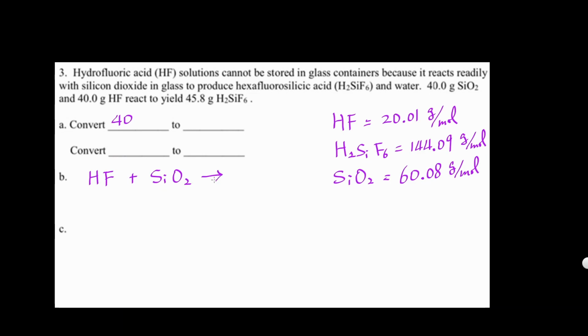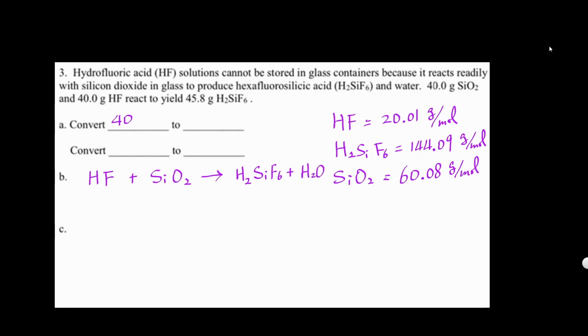It produces H2SiF6 plus water. I'm going to make some space to write the coefficients, because we need to balance it. You have to balance before we do anything like stoichiometry, otherwise you're going to get it wrong.